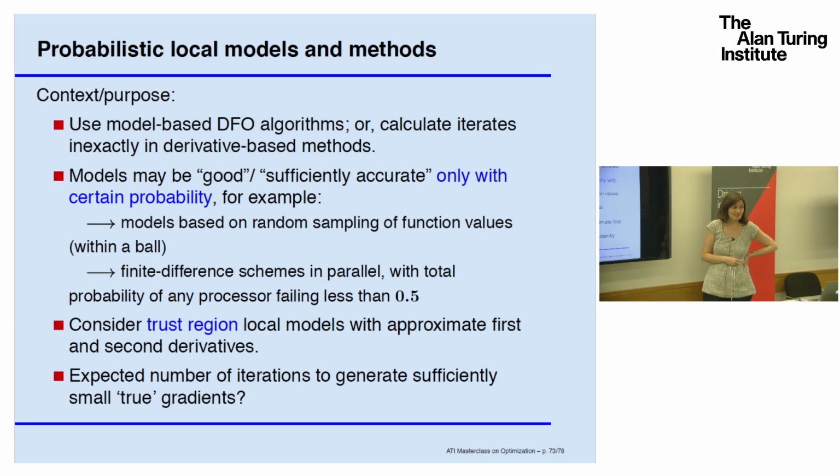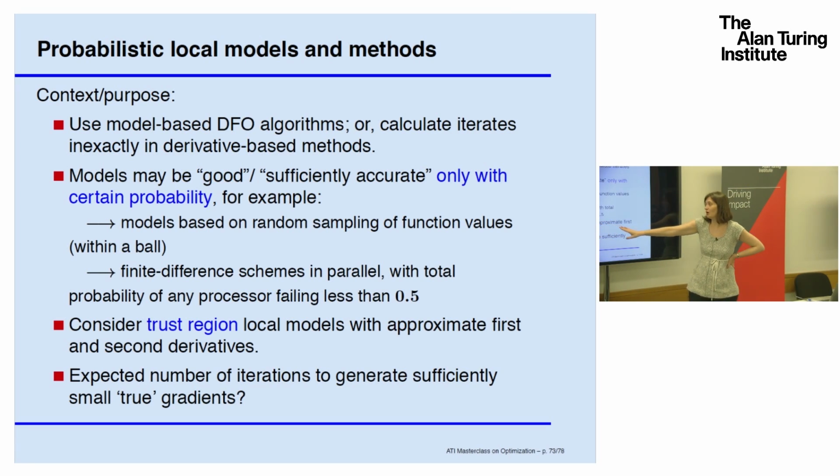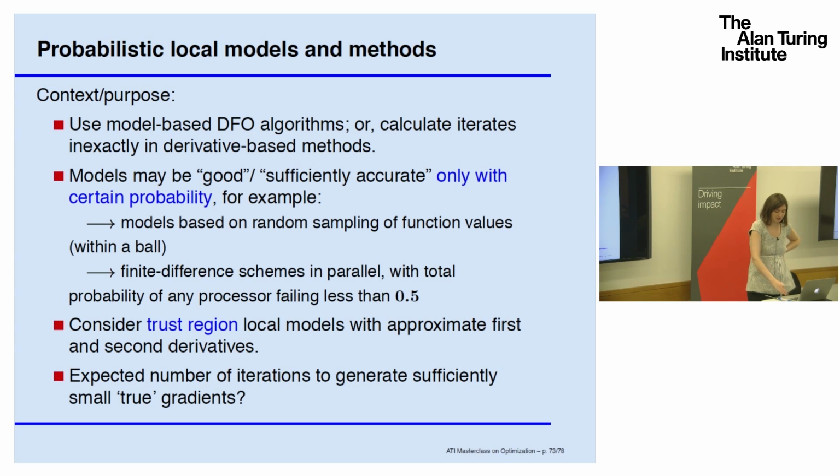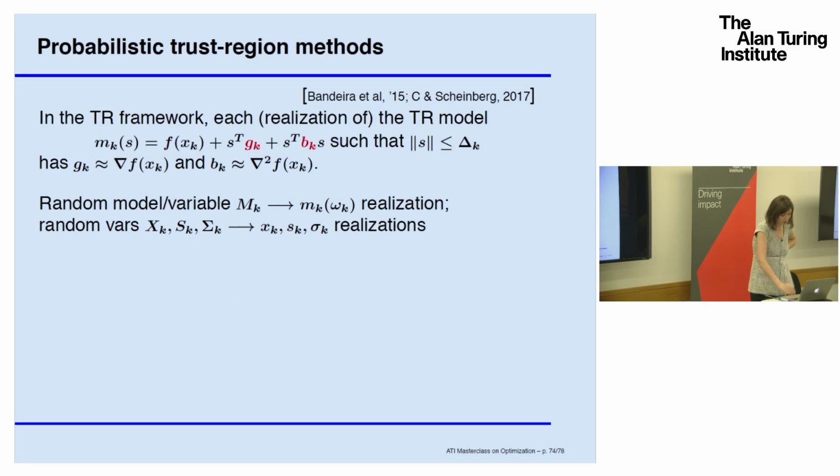The answer is, very tolerant. Consider trust region local models with this kind of approximate first and second derivatives. Then the question is the expected number of iterations to generate sufficiently small true gradients. So this is one framework, and it's quite general because it includes a lot of different methods.